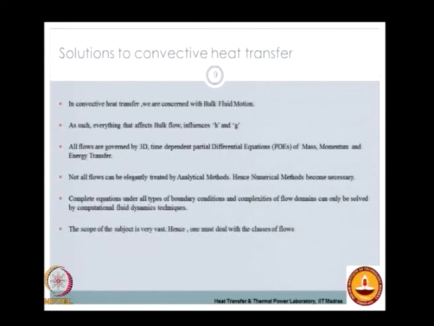And if you want to do this numerical solution, you need to look at boundary conditions for a particular problem, and that is done by using computational fluid dynamics techniques. Therefore the scope of the subject is very vast. If you want more accurate solutions to complex configurations, we go for complete numerical solutions to the governing equations using CFD techniques.